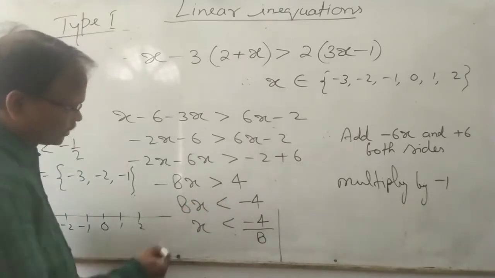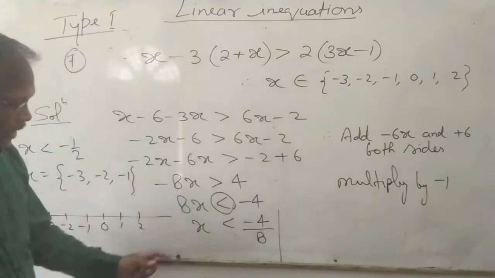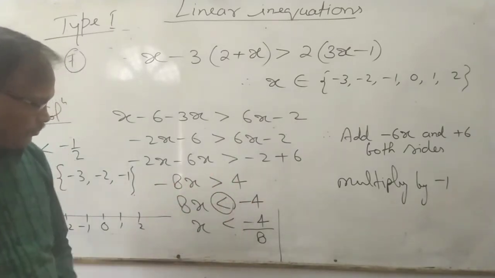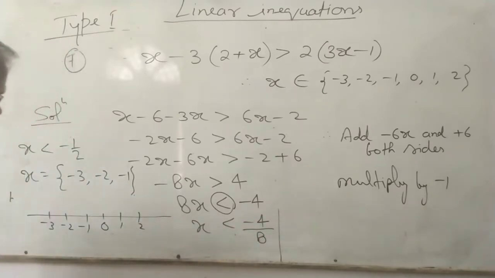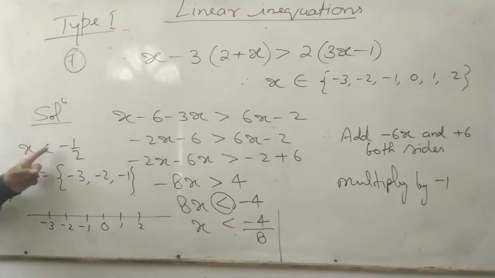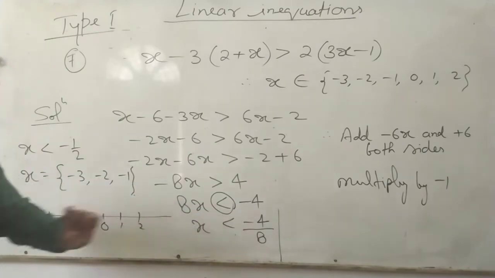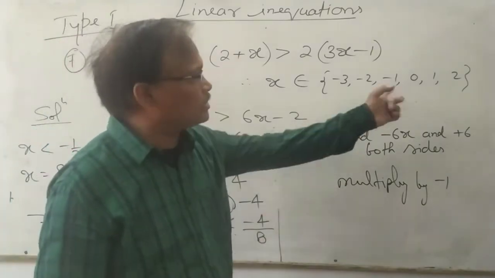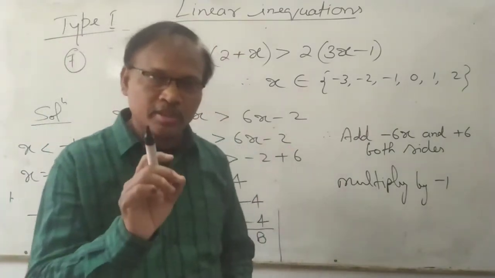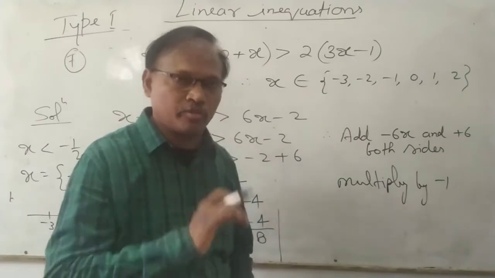This greater than becomes less than, and this -4 is there. Now divide by 8, so x is less than -4 by 8, then you will get x is less than -1 by 2. Now check the solution set. How many numbers are there which are less than -1 by 2?